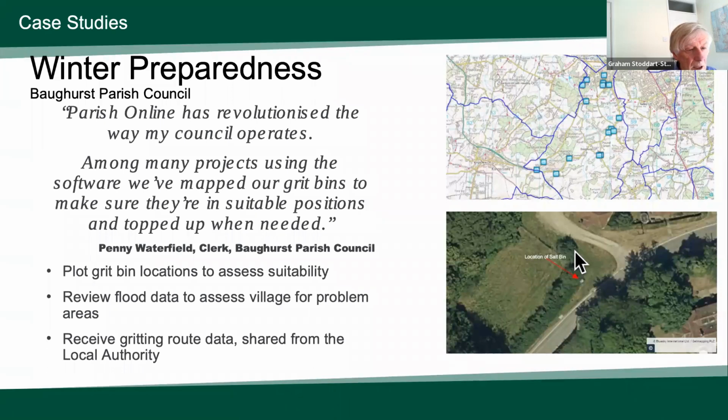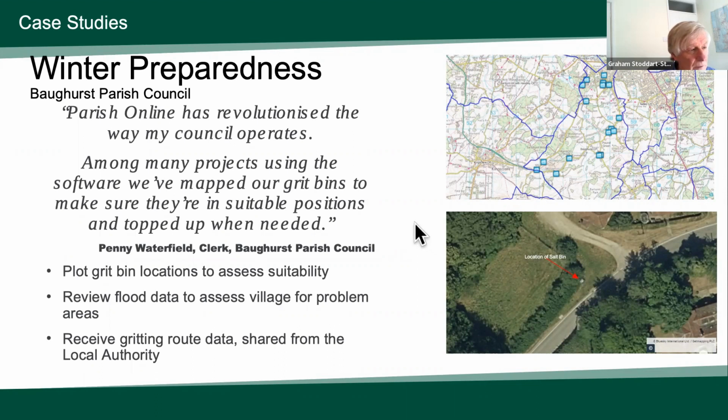Gritting routes are really important in the winter, even in this moderate, temperate, beautiful country. And you can have your salt bins plotted, and you can tell when they're down to 50% or 20% and they need refilling. You can just tell the local council, and they will have a map reference which you can give them, and they know exactly where to come.